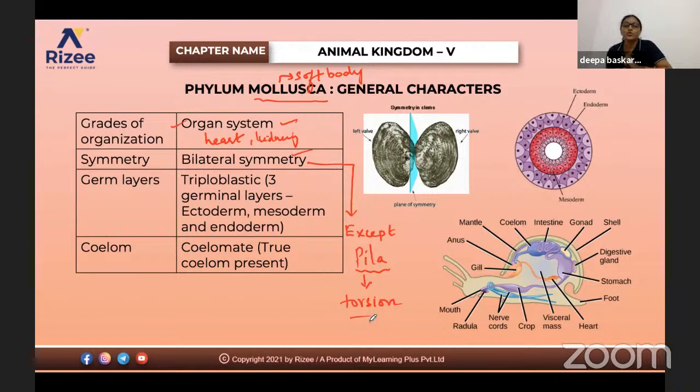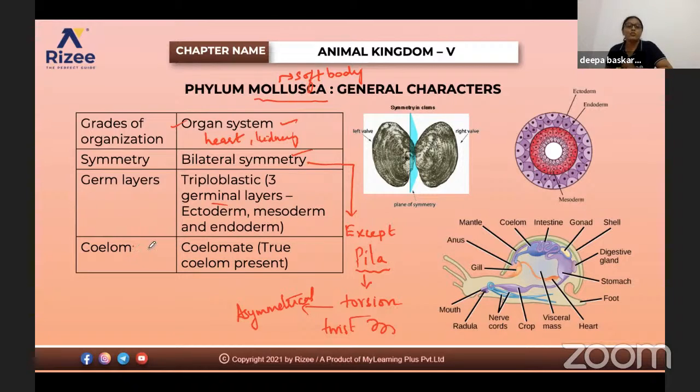Due to twisting, they are asymmetrical in nature. You should remember this. Regarding germ layers, they have all three germinal layers: ectoderm, mesoderm, and endoderm.